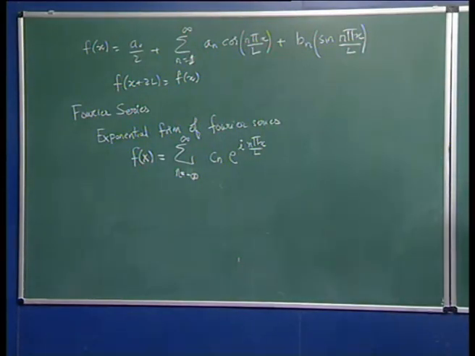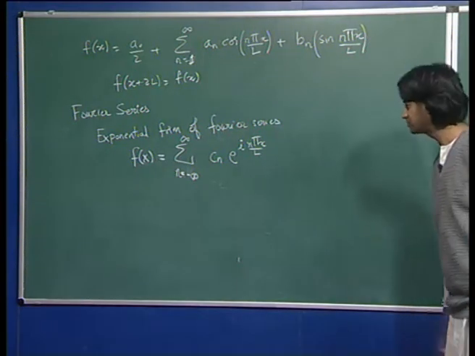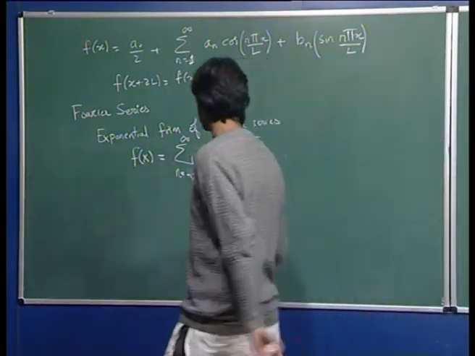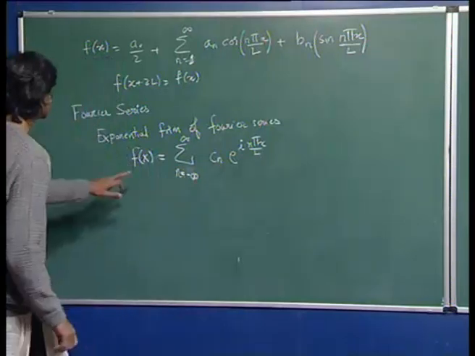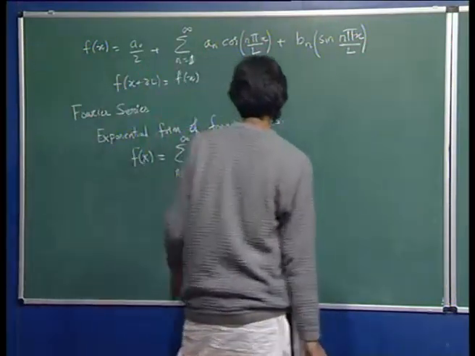It helps to extend it to complex functions, and in some cases it turns out to be easier to work with this. Now, this series is identical to the earlier series.